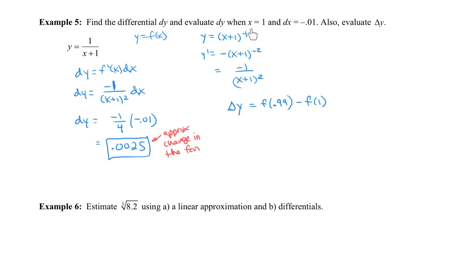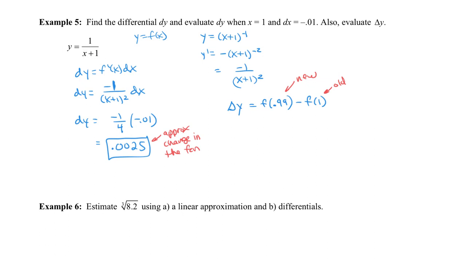Well, originally x was 1, and then it changed by negative 0.01, so it went down by 0.01, which gives us this. So this is the new value, and this would be the old value. So to find the change in y, take the new value of y: x was 1, it went down by this much, so the new value of y is I take this function and plug in 0.99, and then I subtract this function with a 1 plugged in.